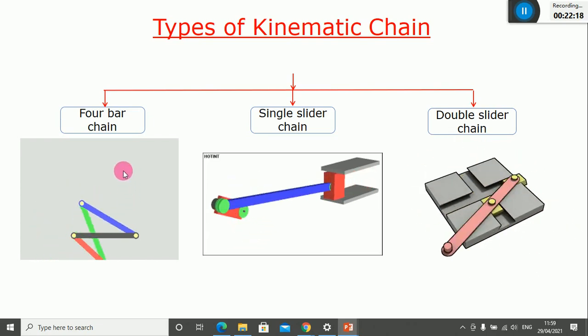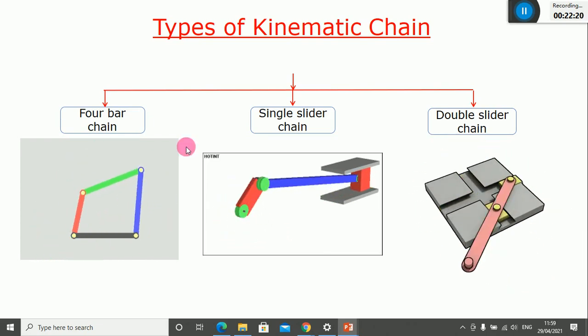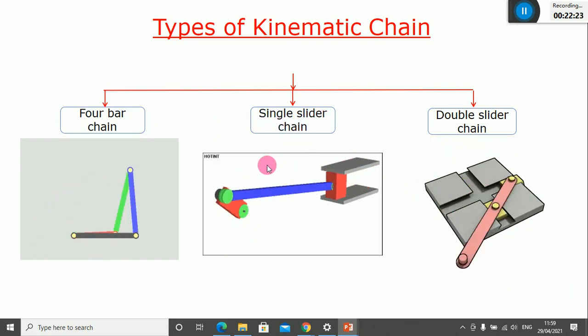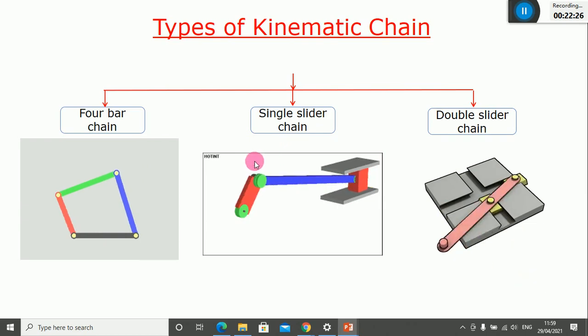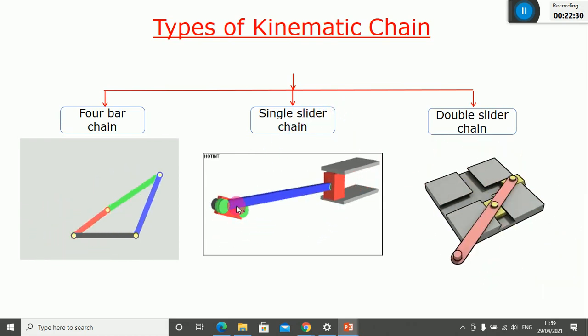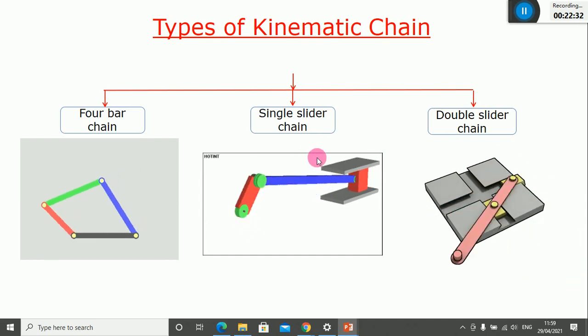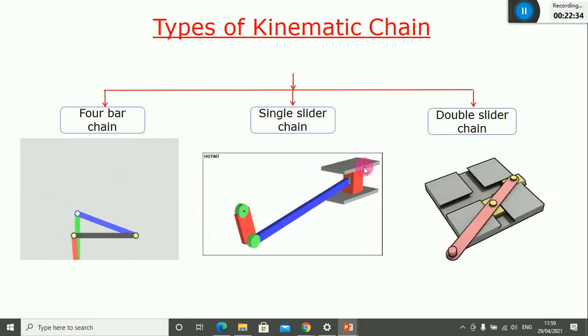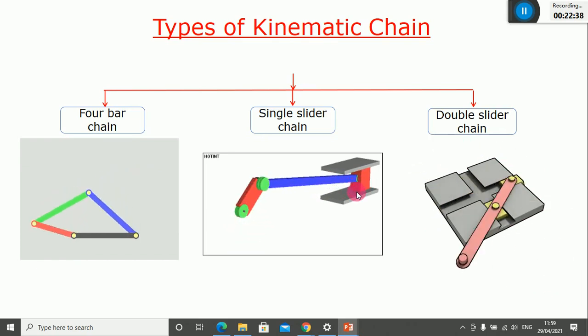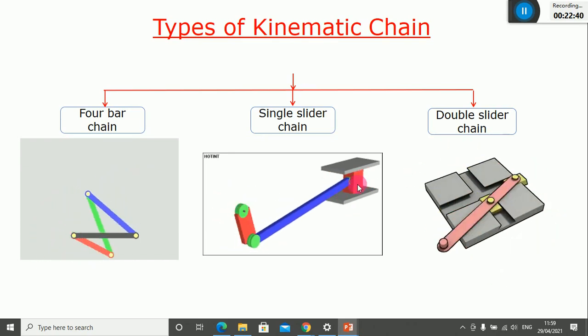And when you modify this 4-bar chain, you get a single slider crank chain, similar to your IC engine. Your IC engine is made of this kind of chain. There's a crank, a crankshaft, a connecting rod in blue color, and this red color is nothing but the piston. You can call it a slider also. It has a sliding motion.